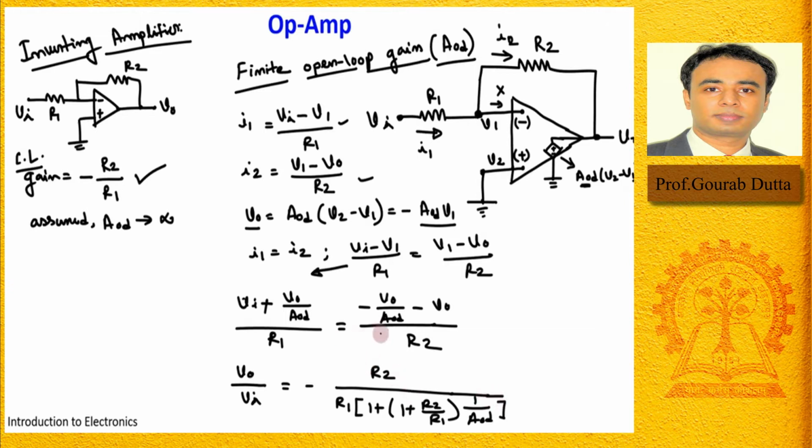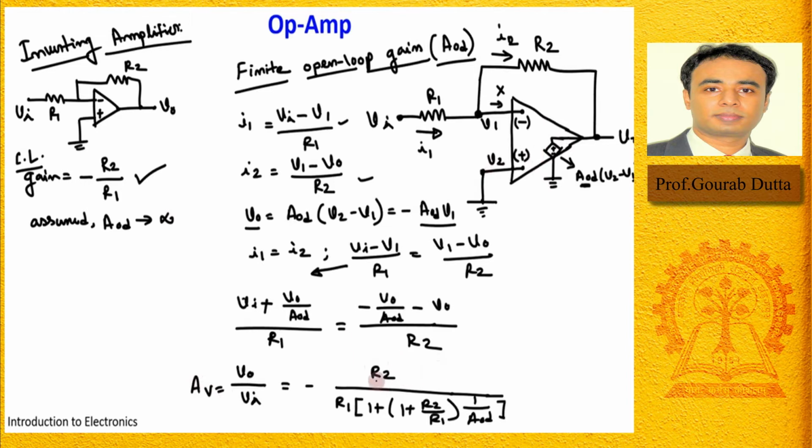Fine. So you can please cross check it from here, right? You take everything V output one side and V input in other side, and then estimate this V output by V input, which is nothing but this is the closed loop gain, right, of this circuit, right?